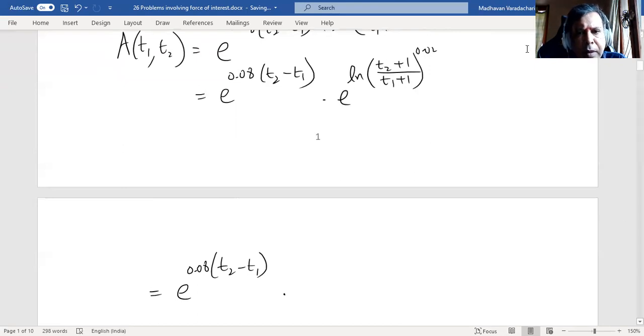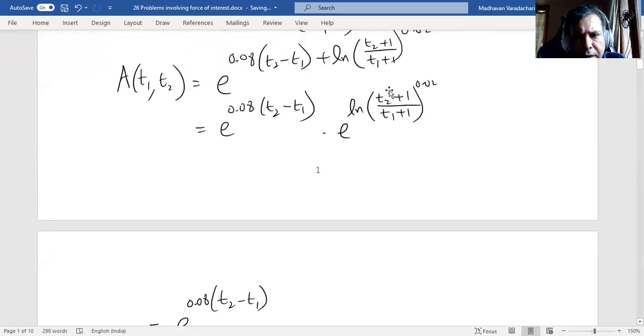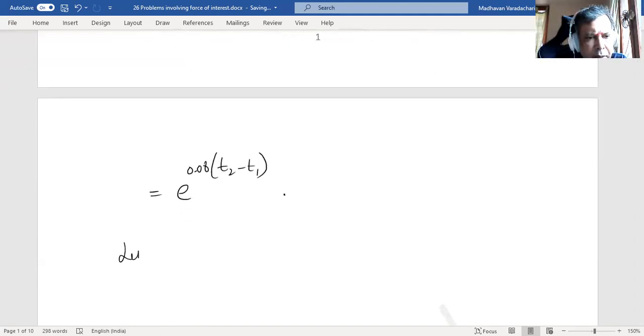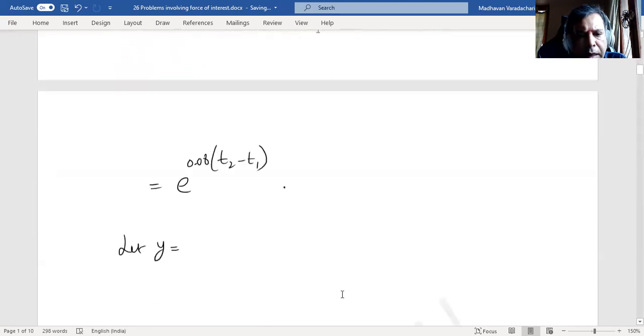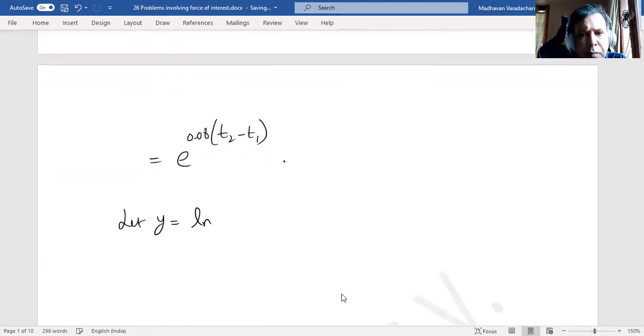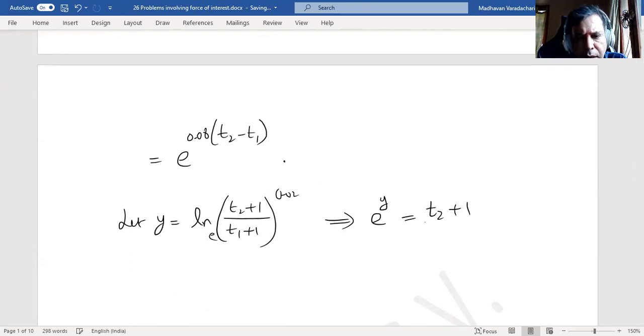Let me consider this whole thing as y. Let y equal the natural logarithm of t2 plus 1 by t1 plus 1, to the power of 0.02.